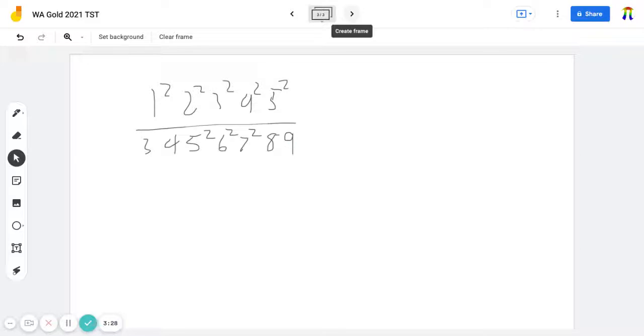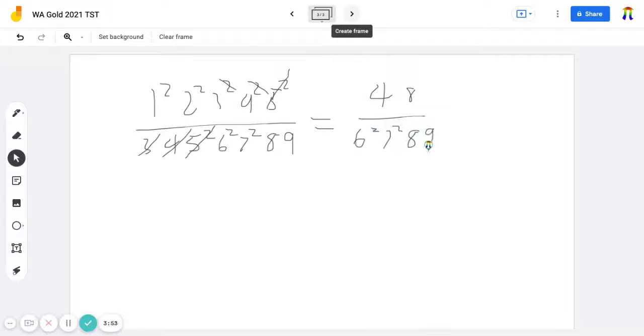So first, we can cancel out 5 squareds in the numerator and denominator. We can cancel out this 3 and 4 with these exponents here. Now on the top, we have 2 squared times 3 times 4, which is equal to 48 over 6 squared times 7 squared times 8 times 9.